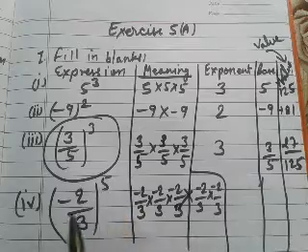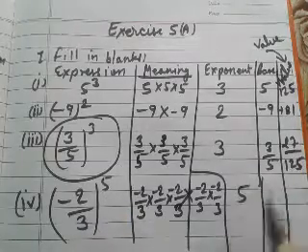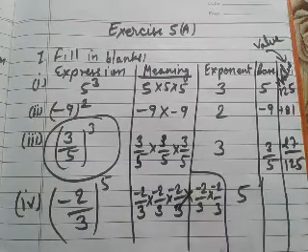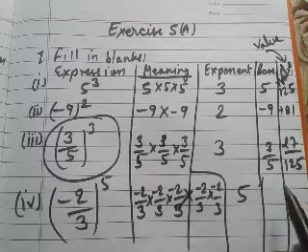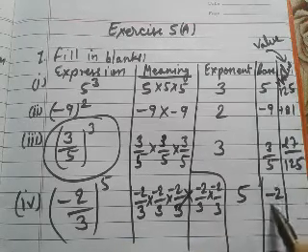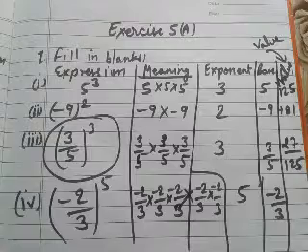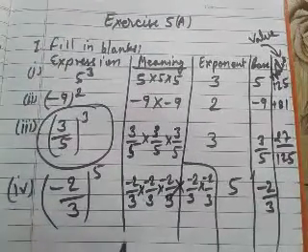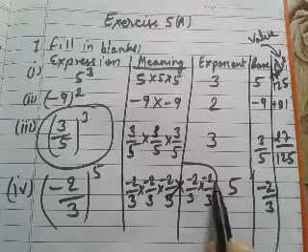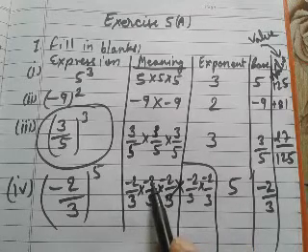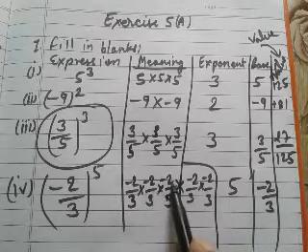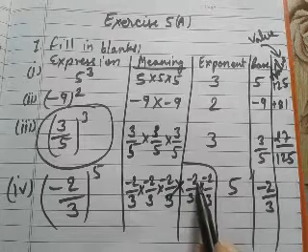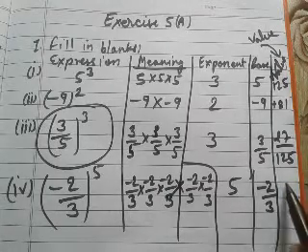The power of this number is 5, so its exponent is 5. And the base is minus 2 by 3, and its value will be: 2 multiplied 5 times means 2 2s are 4, 4 2s are 8, 8 2s are 16 and 16 2s are 32.